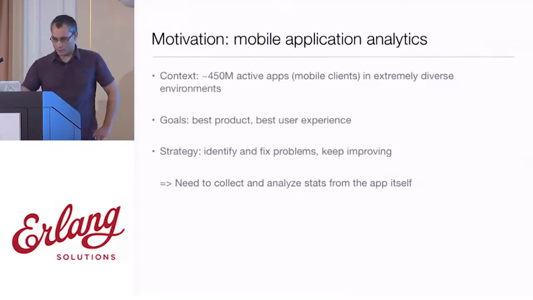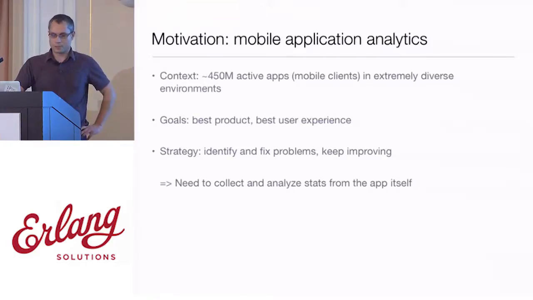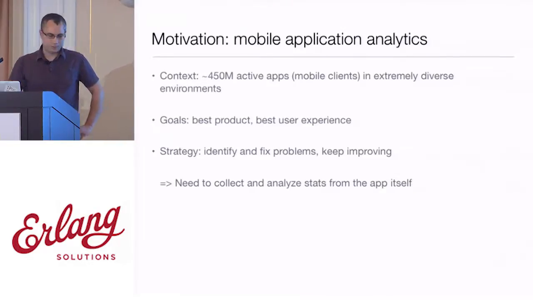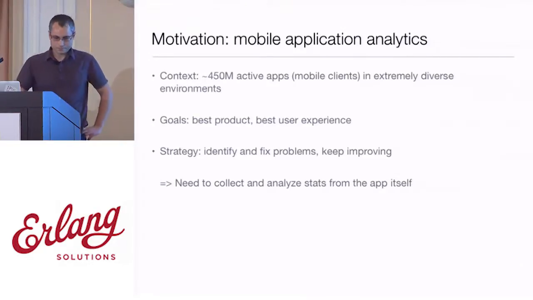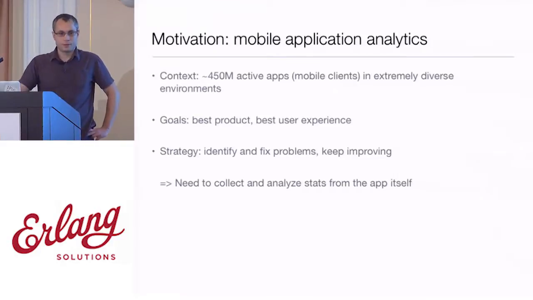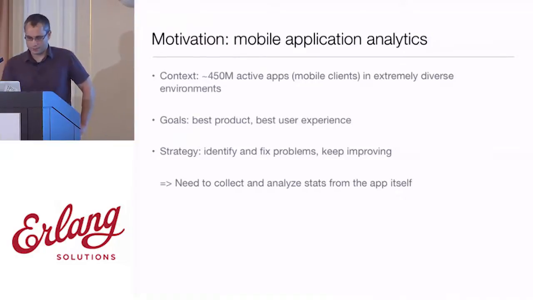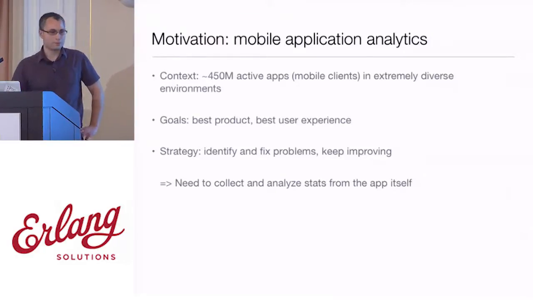So a little bit about our problem. We have quite a few users, and WhatsApp is a mobile messaging app, and the app is deployed to extremely diverse environments. We have 7 different platforms, tens of thousands of devices, and the users use the app in a very unpredictable way.